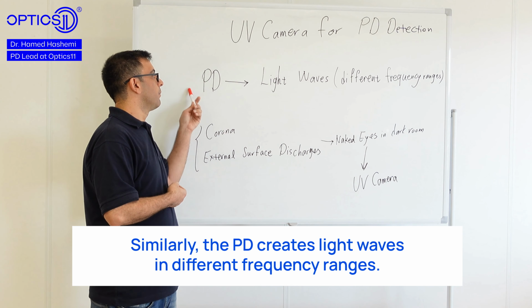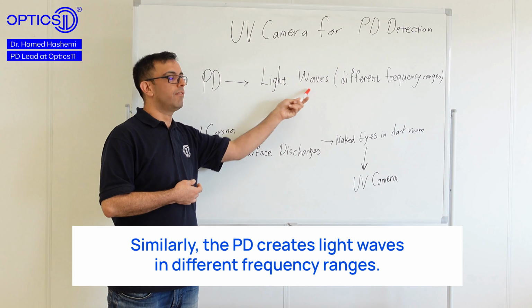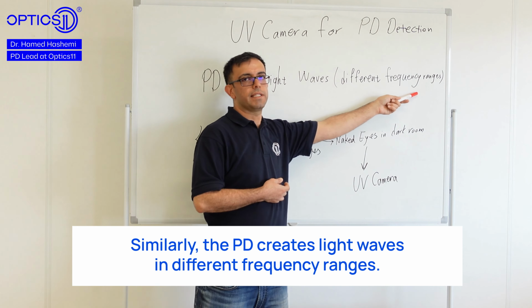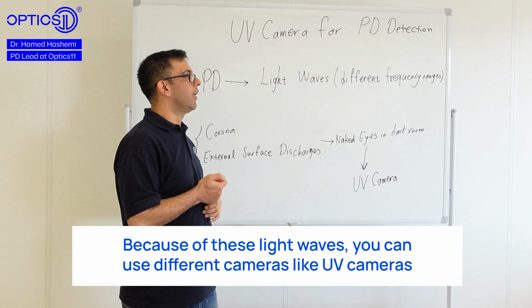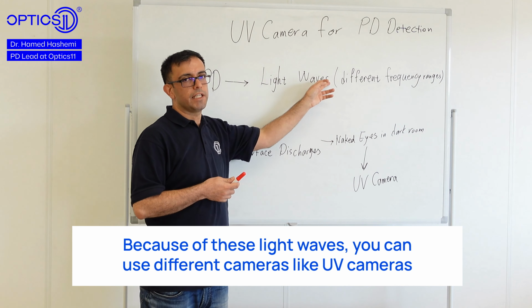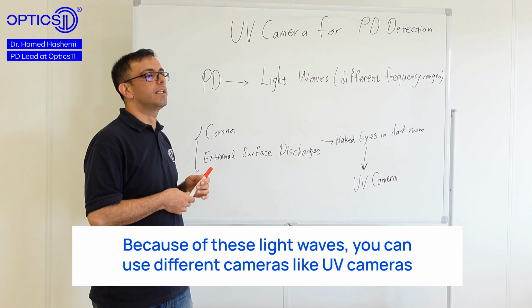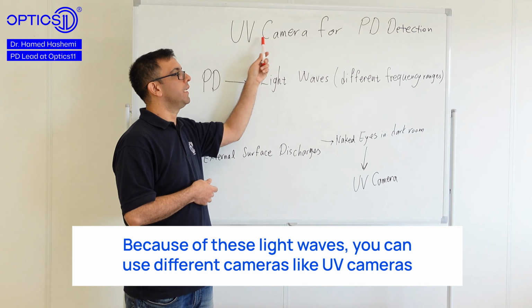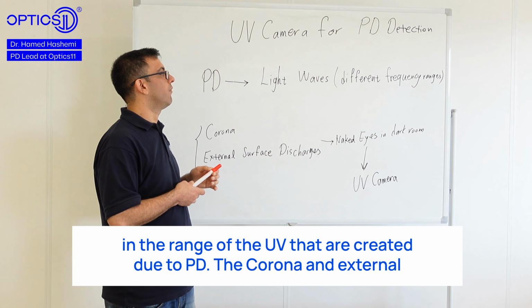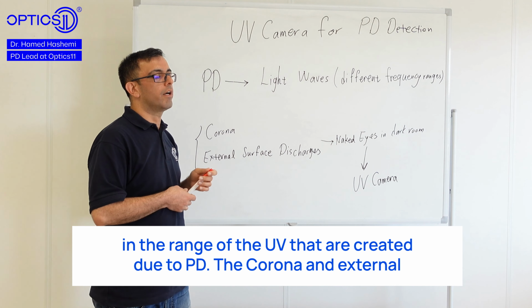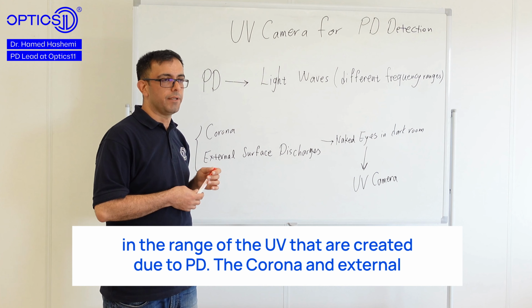Similarly, PD creates light waves in different frequency ranges. And because of these light waves, you can use different cameras, like UV cameras in the range of the UV that are created due to PD.